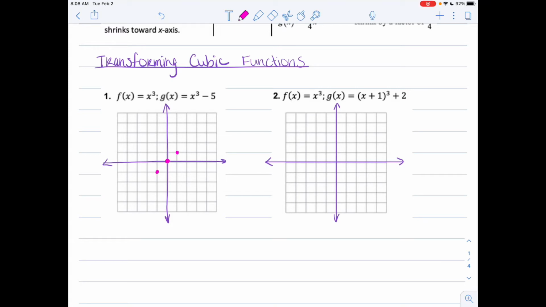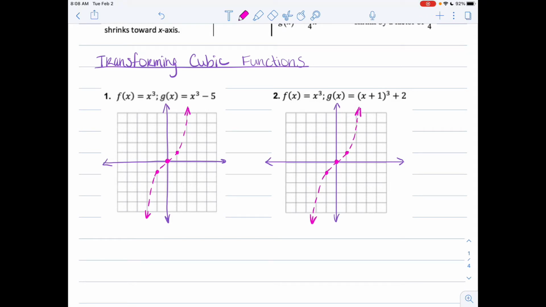And I'm just going to dash this in. I know that it continues pretty steeply towards positive and negative infinity from here. And this is what I'm going to do for each of my problems, because I'm starting with the parent cubic function x to the third. So I can go ahead and do the same thing here and get that over with.